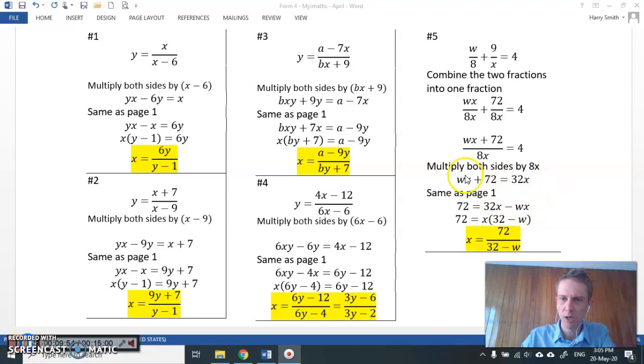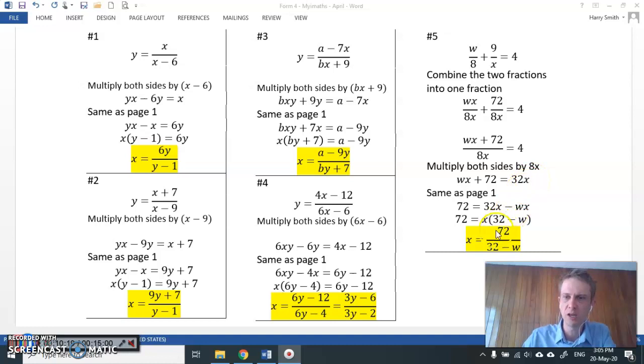Sorry about that. From here, boys and girls, I prefer you to move this wx onto this side to get 32 minus wx. I much prefer that instead of moving this 32x on this side and then moving the 72 here, because if you move the 72 here, you're going to get a minus 72, which is just not as good.